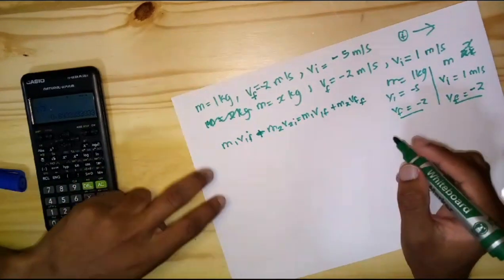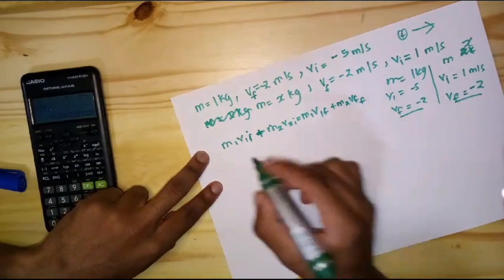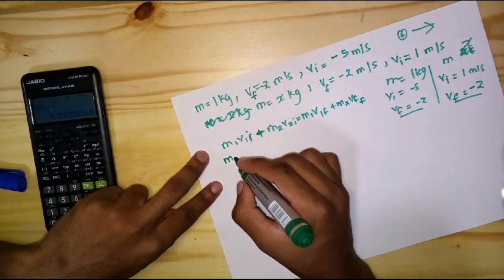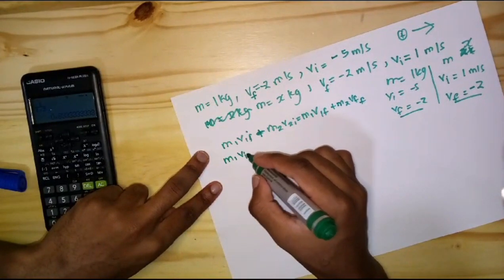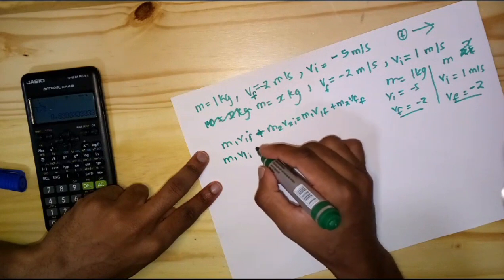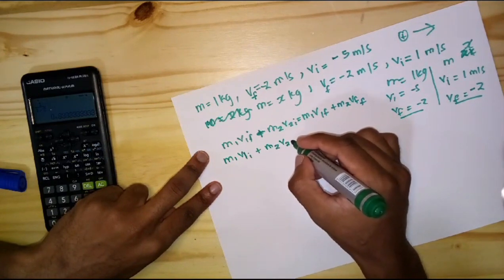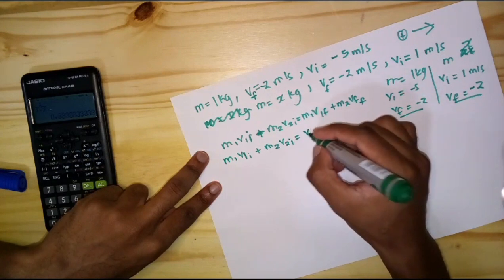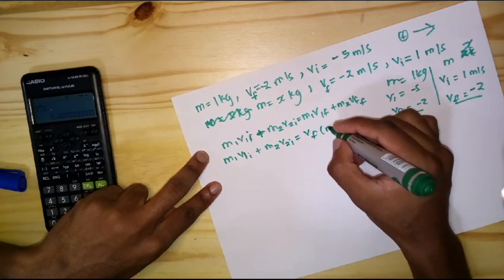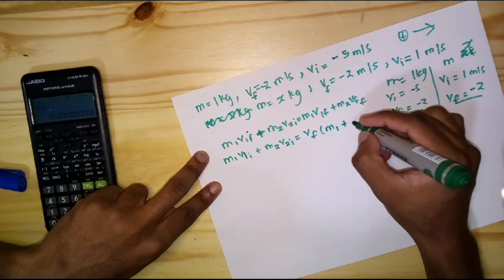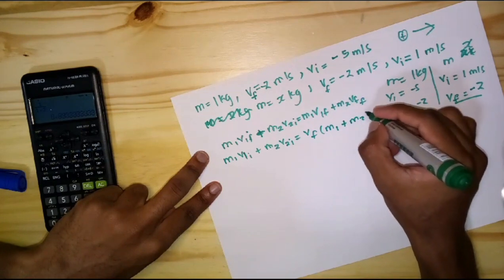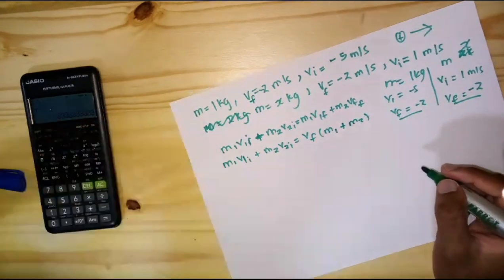If you want to be fancy, you could write m1 v1 initial plus m2 v2 initial equals v final into (m1 plus m2). You see that?